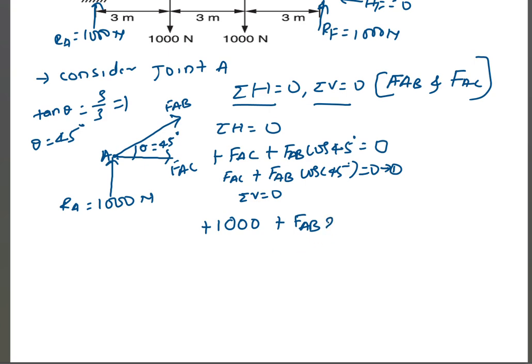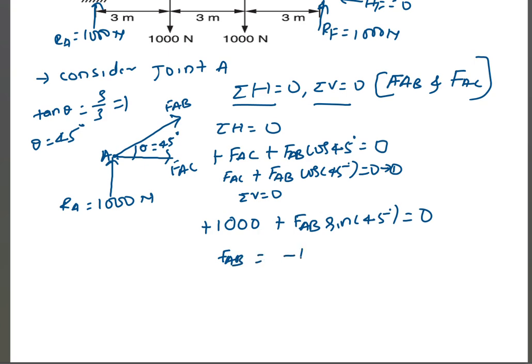So 1000 Newton plus FAB sine 45 degree is equal to 0. Both are positive. Now there is only one unknown force, right?